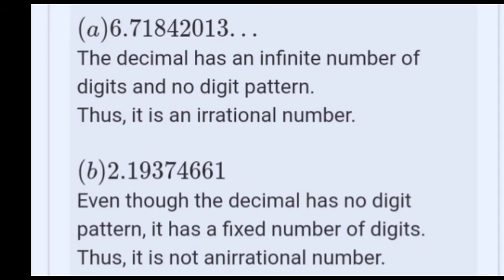Even though the decimal has no digit pattern, it has a fixed or finite number of digits. Thus, it is not an irrational number. Where does it belong? It belongs to the rational numbers. It is not irrational but rational.